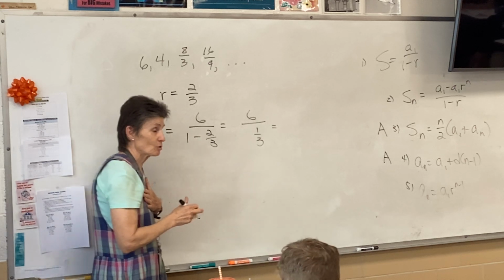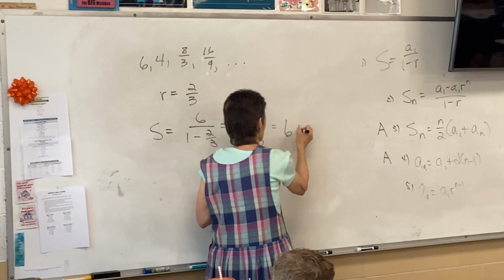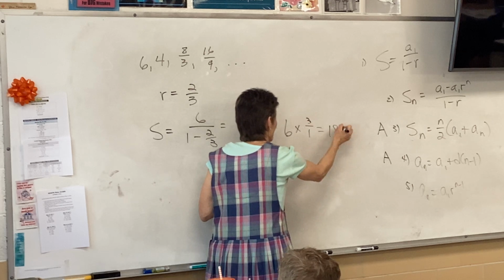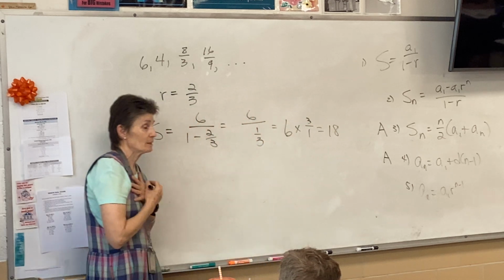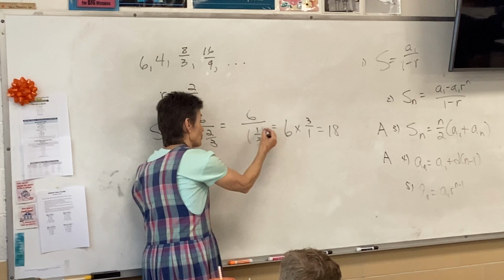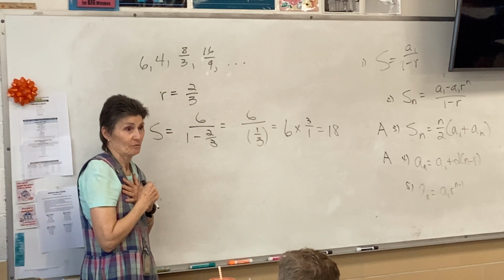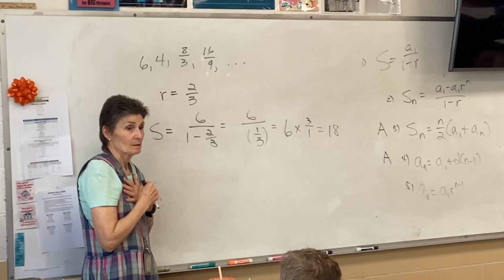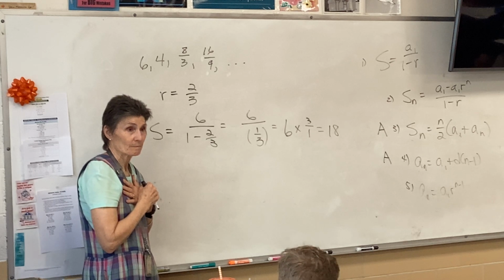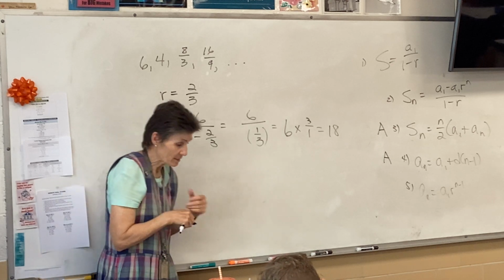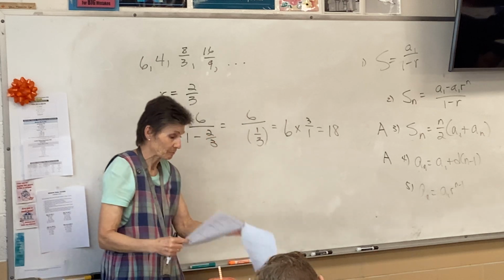I think back to 3rd grade and I do 6 times 3/1. But if you want to do that on your calculator, you can, but make sure that's in parentheses. 6 divided by 1/3. Is that all right with everyone? So your answer is 18.